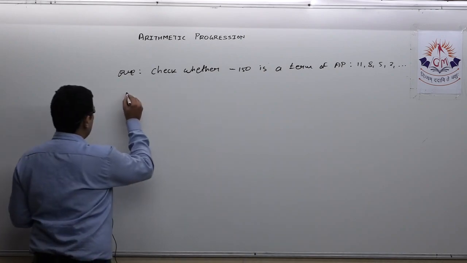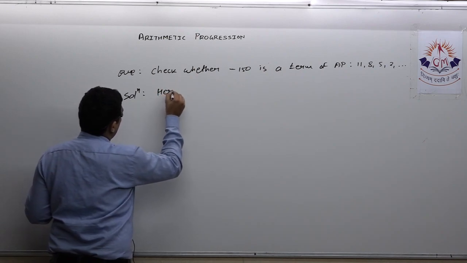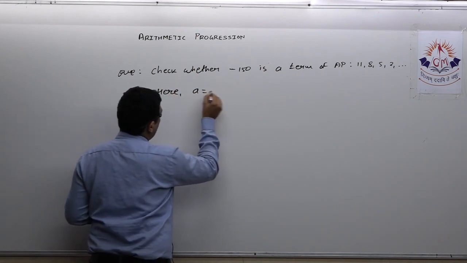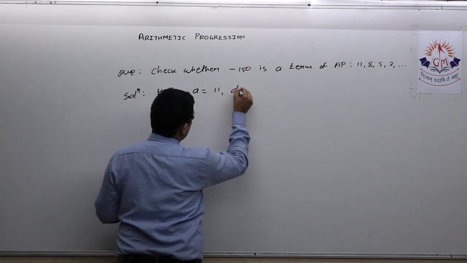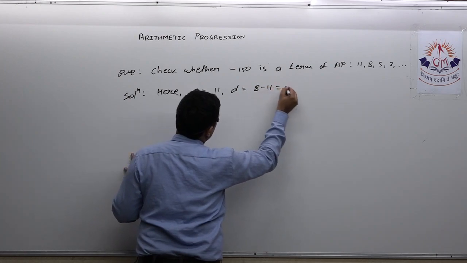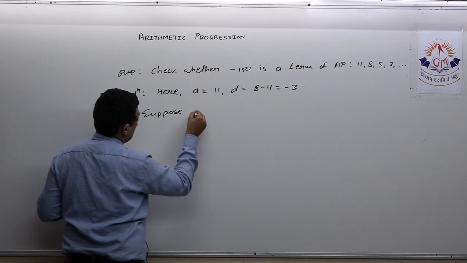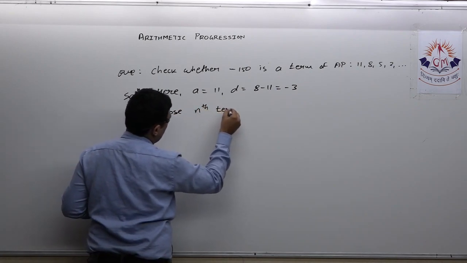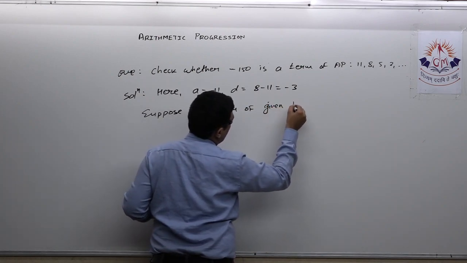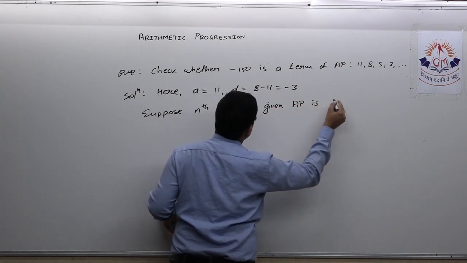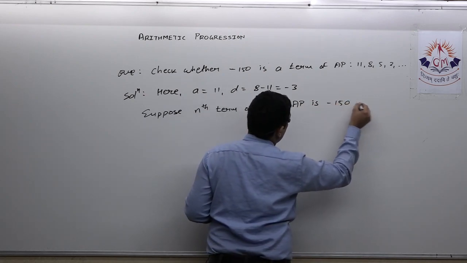Okay, so here we have A is equal to 11, D is equal to 8 minus 11, that is minus 3. Now suppose the nth term of the given AP is minus 150.